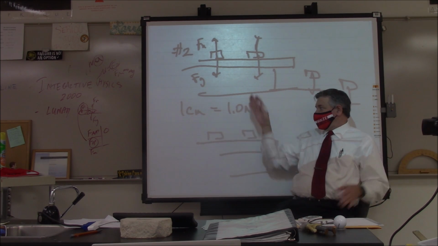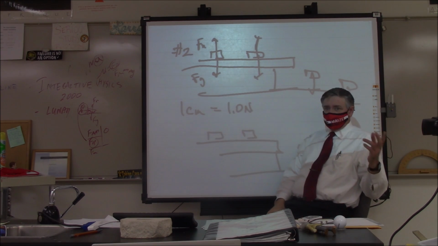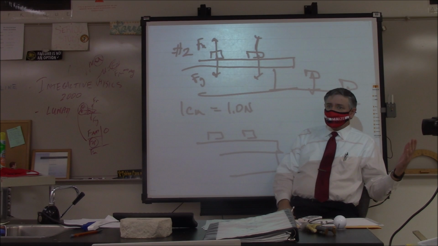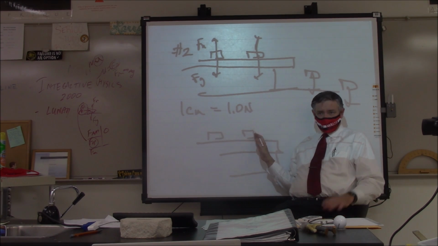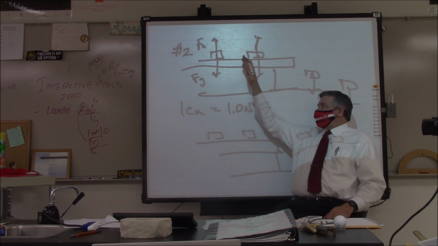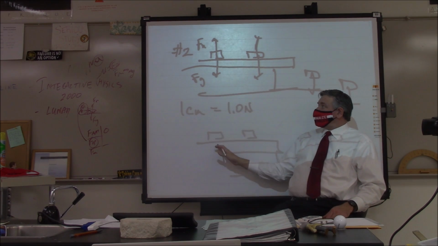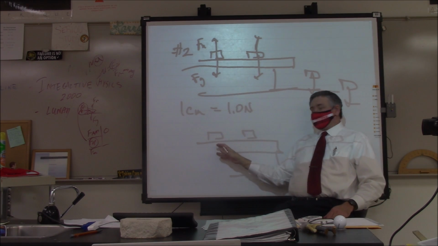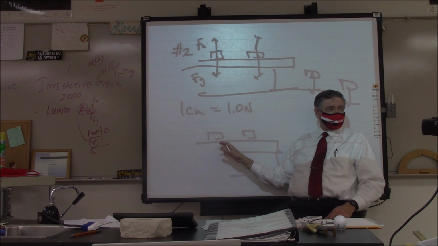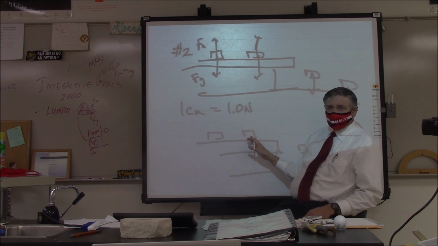If you're not accelerating, one of two things could happen: either you're at rest, or you're moving with a constant velocity. But that's it. Look at this: up here, your forces are balanced, so there is no acceleration here, and there is no acceleration here.